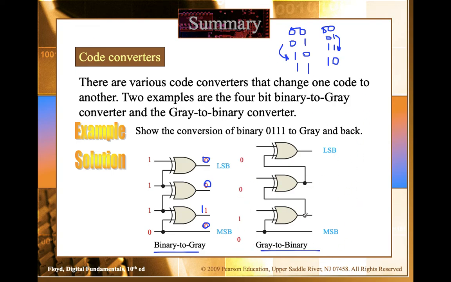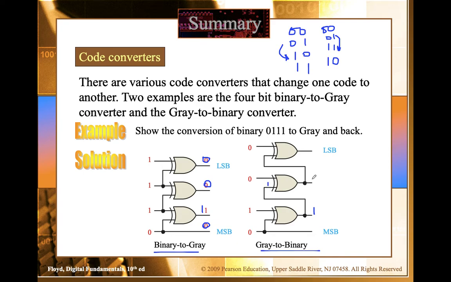Now again, this was our number 0010, so we can convert it from gray to binary. Now all the inputs are there, just propagate them. 0 is here, 1 is here. 0 1 means what will be the output? 1, right? Because we know that our XOR gate gives a high output when the inputs are different. Now this 1 will come here.